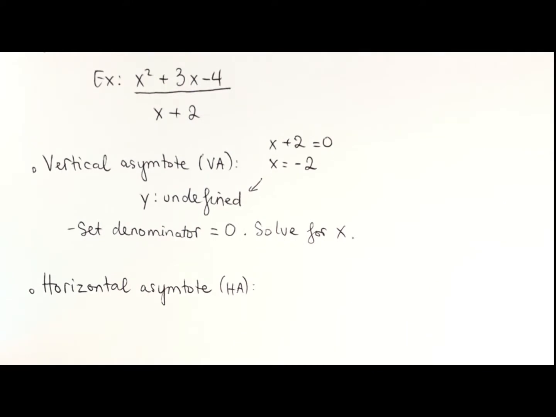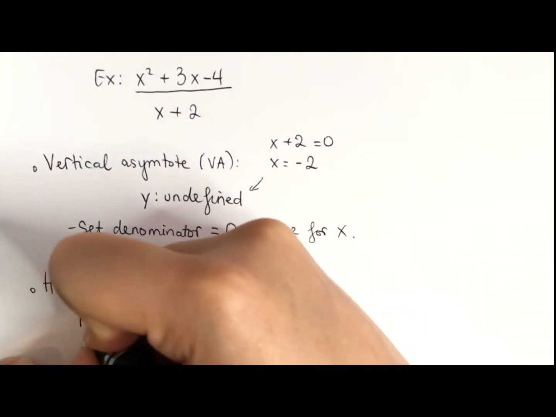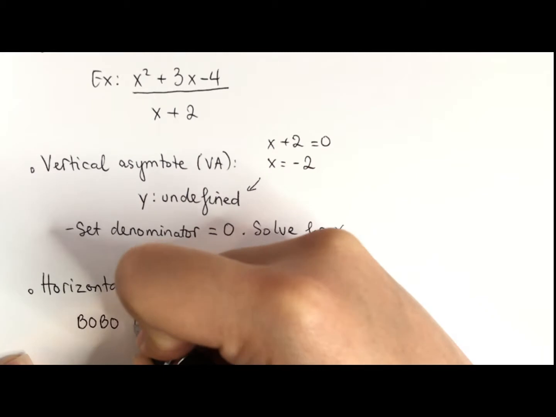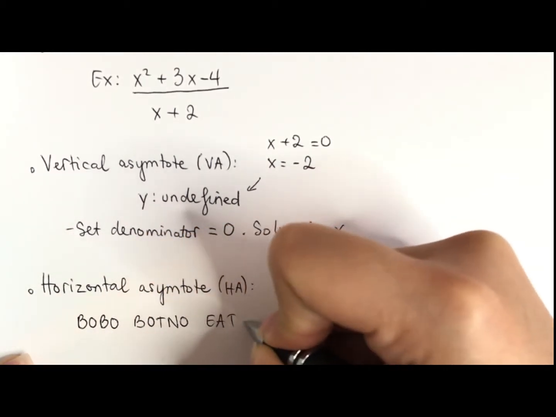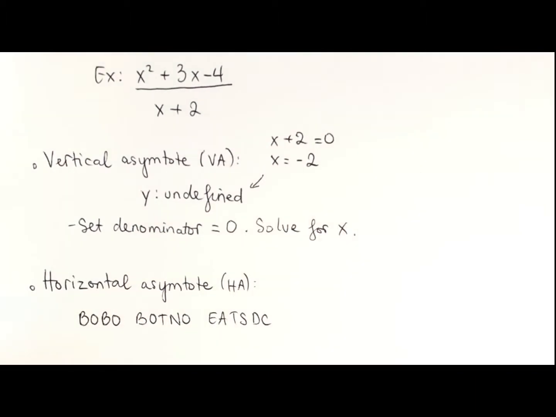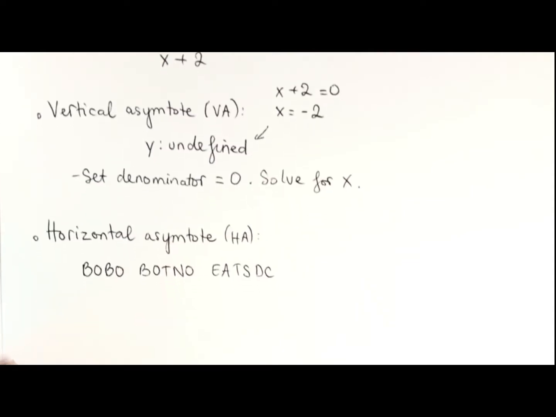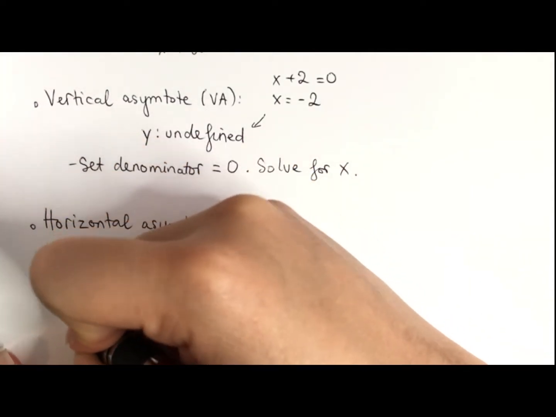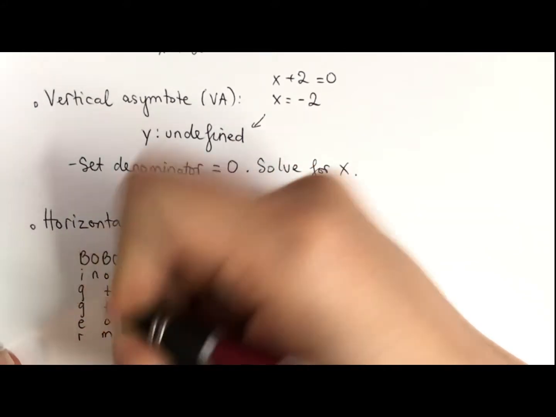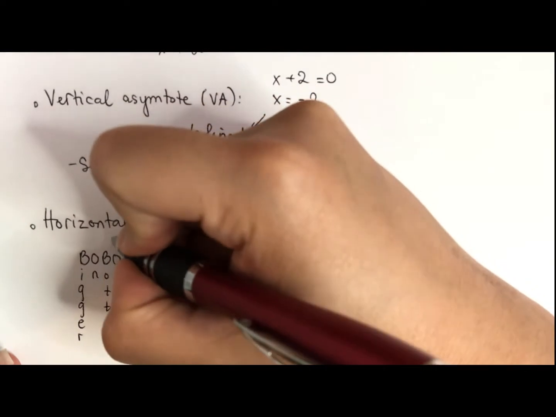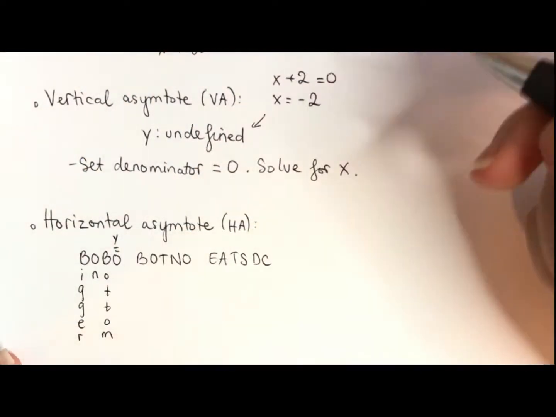For horizontal asymptote, we have 3 cases that may happen. So I'll show you a trick to remember this. We're going to say Bobo, but no, it's DC. You can think of Bobo and Botno as 2 robots, if that helps you remember better. What it says is that bigger on bottom, the asymptote is y equals 0.